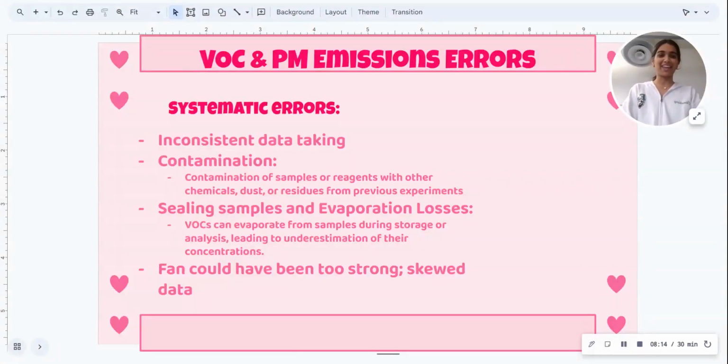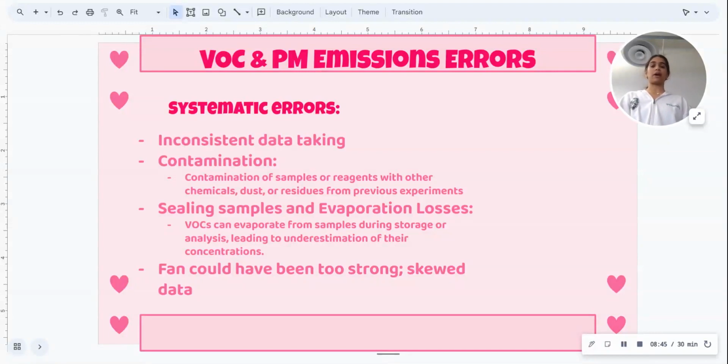Additionally, the errors for VOC and PM emissions are also important to note. Again, with inconsistent data taking, because since time is usually the x-axis for all the graphs that we made, it's important that we were taking at consistent time intervals. Additionally, contamination of samples or regions with other chemicals or dust or residues from previous experiments could be a reason why the concentration of whatever gas we were measuring could have been lower, or it could have been altered in some way.